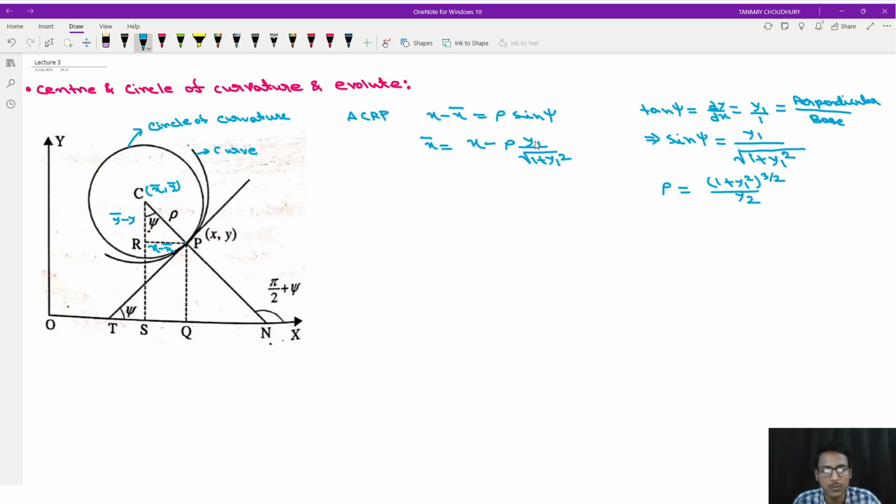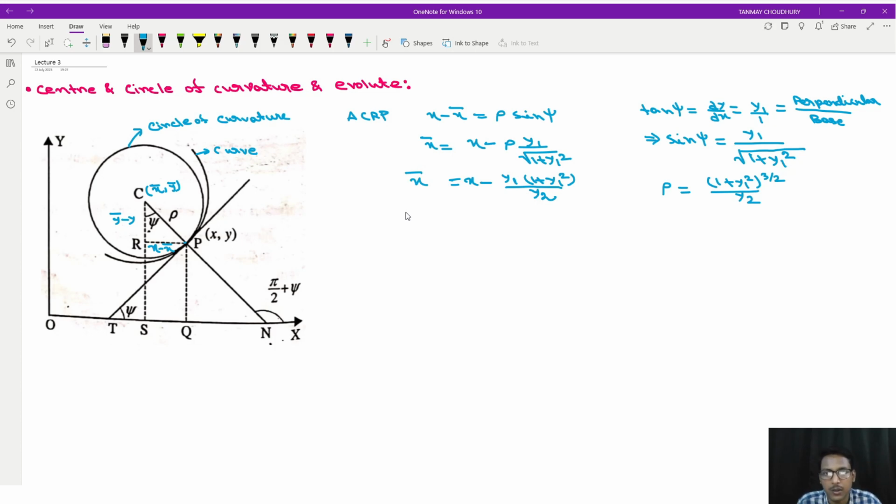If we plug this value here, it turns out to be x minus y dash into 1 plus y dash square divided by y2. So this is our x bar.